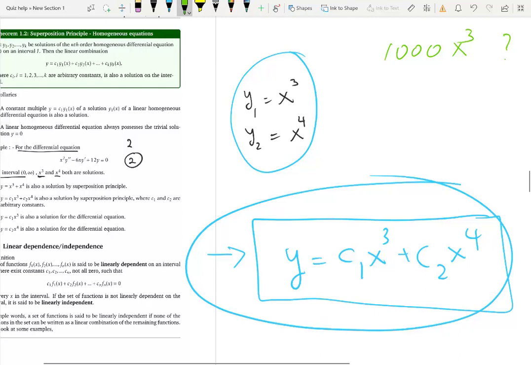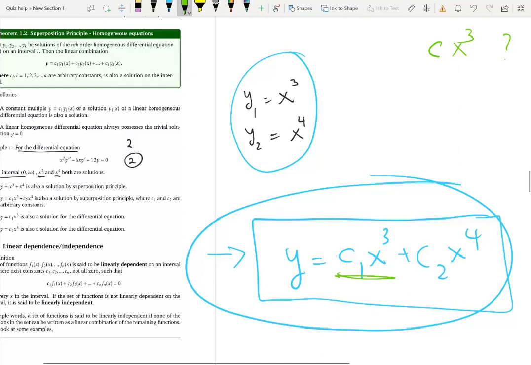Yes, of course. Right? It's the same thing. It's just a constant multiple of x cube. It will also be a solution of the same differential equation. That is what we already said here. Right? So any constant times x cube is also a solution of the differential equation. Any constant times x to the 4 is also a solution of the example differential equation that I gave.